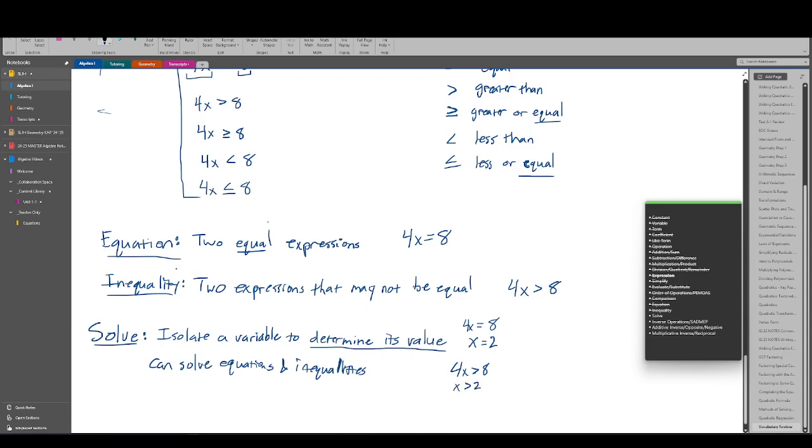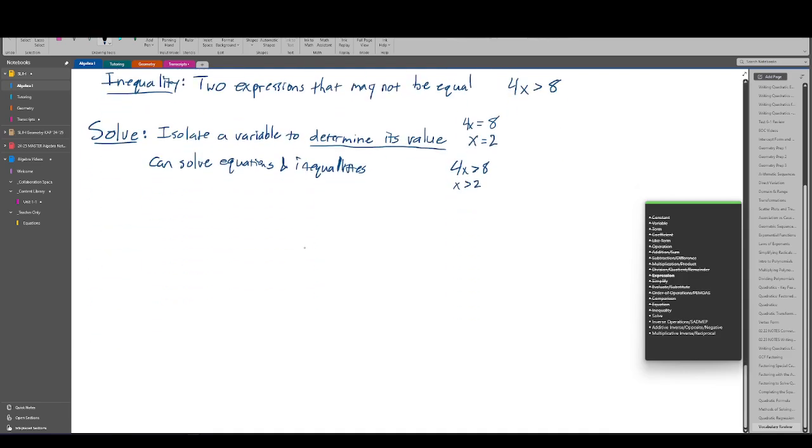And we solve them using the same tools. The tools that we use to isolate variables are called inverse operations. Remember that operations are like adding, subtracting, multiplying, and dividing. So we defined those earlier. And we defined an order of operations, which was PEMDAS.